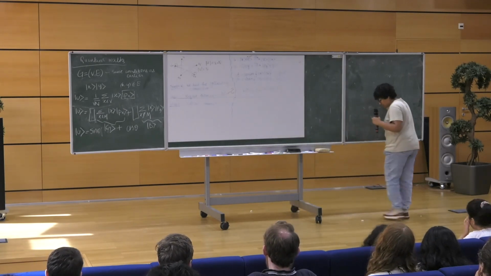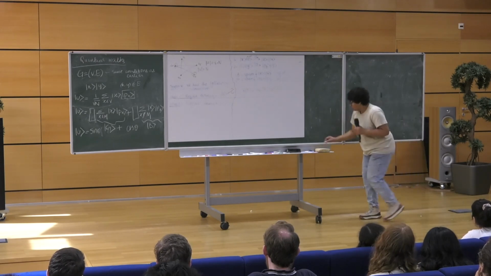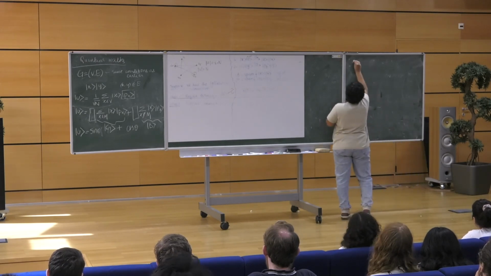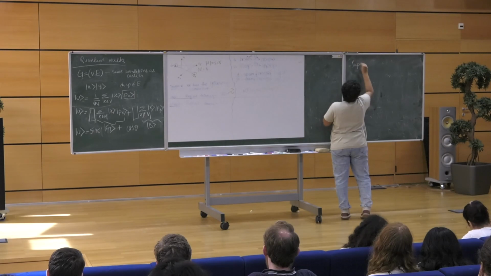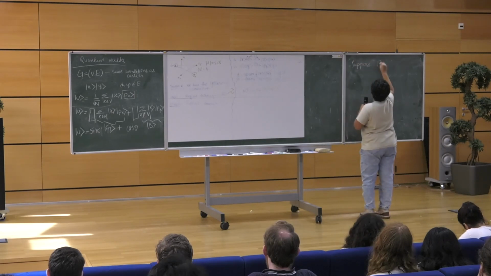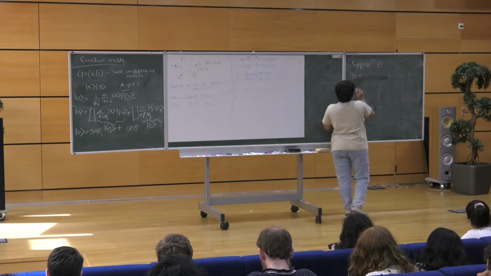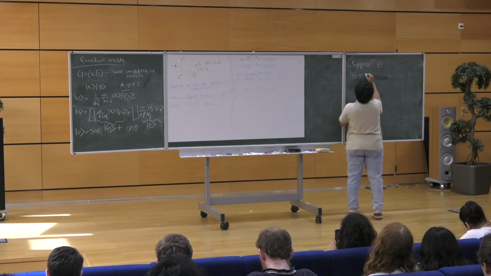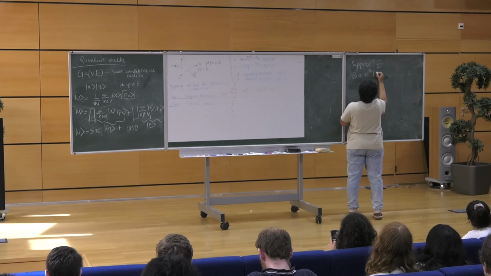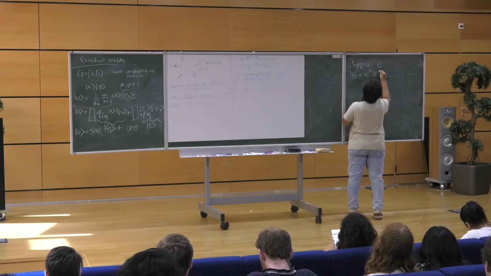What phase estimation tells us is: suppose there's a unitary B, and this B can be decomposed into its eigenvalues, e power i theta 1, and its basis, B1.